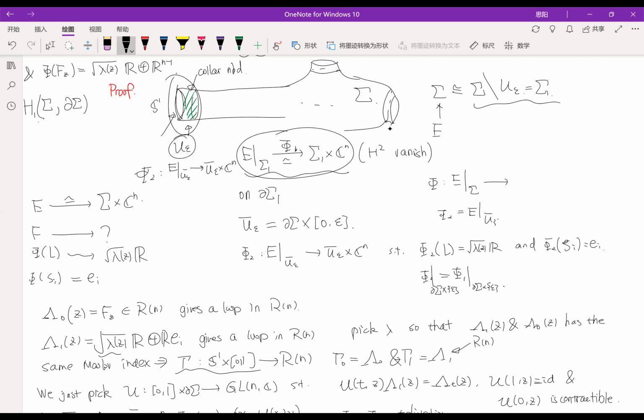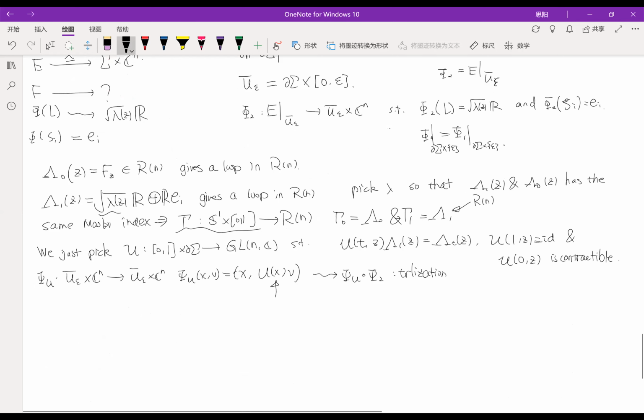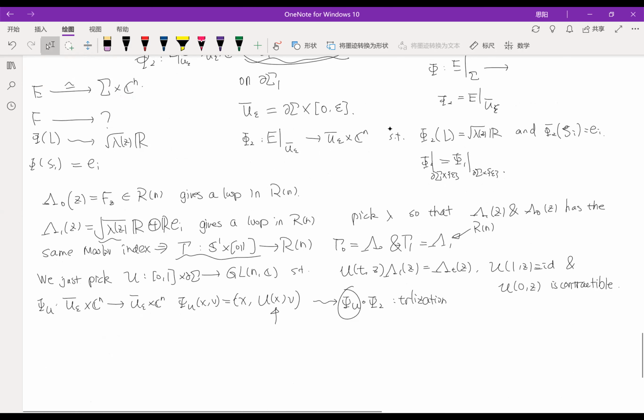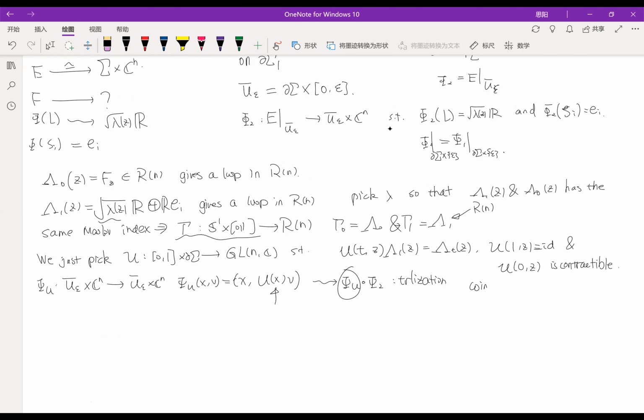And when we impose this local trivialization by psi_U, we know that it coincides on the boundary with what we want, the partial framing on the boundary. So this is what we want, a global trivialization phi.